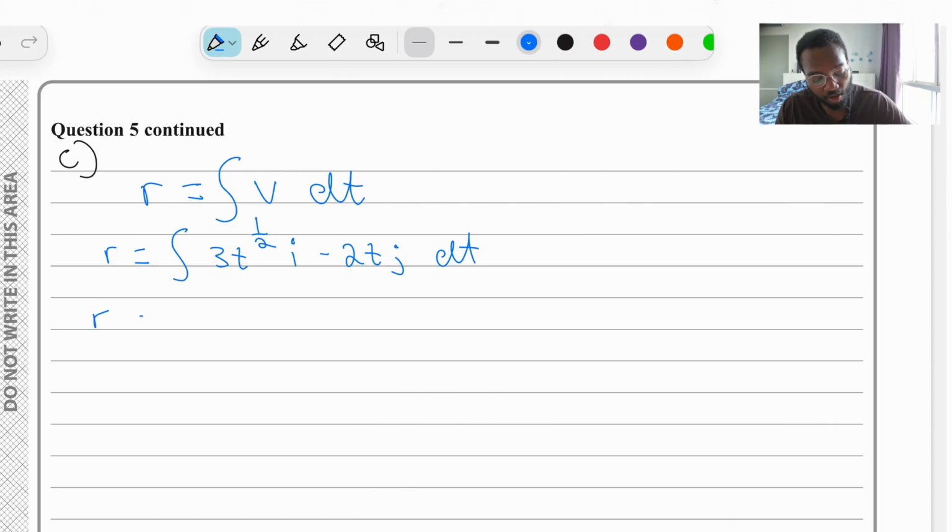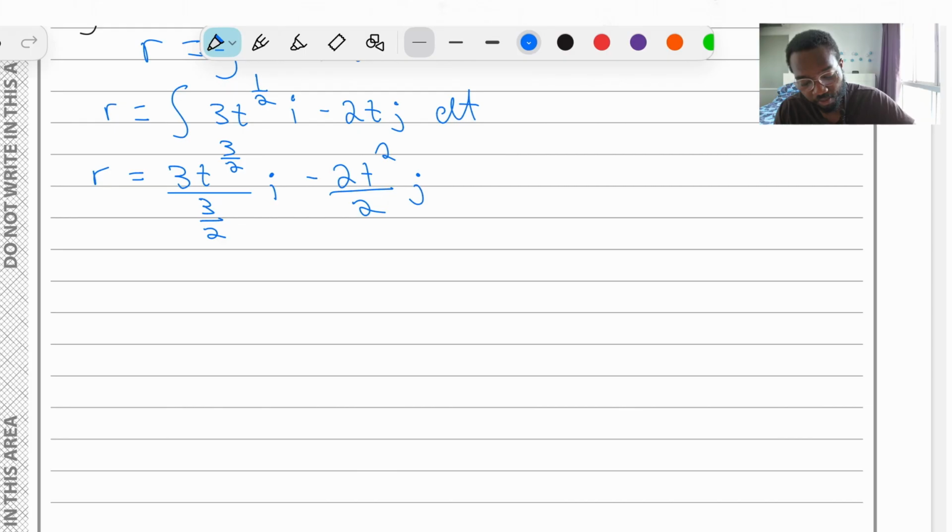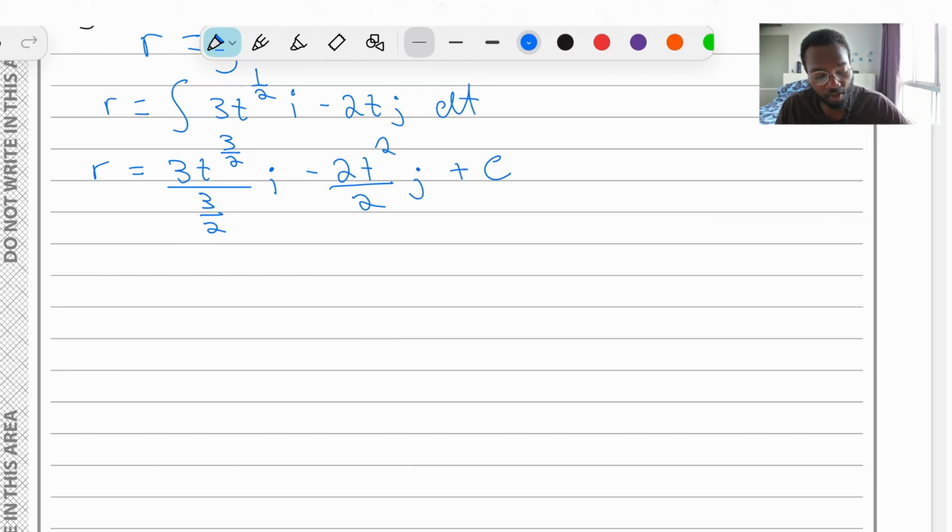We get r equal to 3t to the power of 3 over 2, because we add 1 to the power and then divide by that, so divide by 3 over 2, i. This one would be 2t squared over 2, j. And then don't forget the plus c. Simplifying, 3 divided by 3 over 2 is the same as 3 times 2 over 3. So that's 2t to the power of 3 over 2 i minus t squared j plus c.